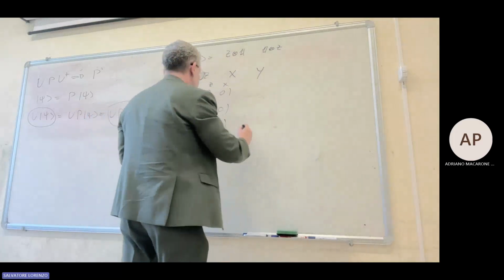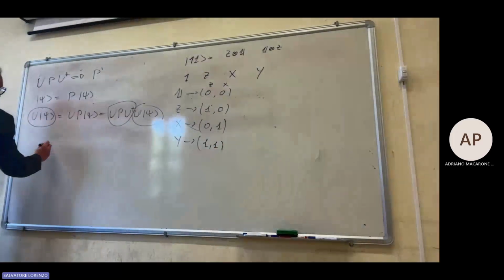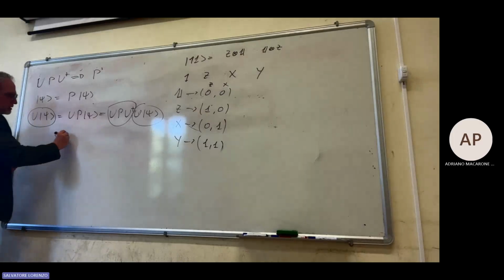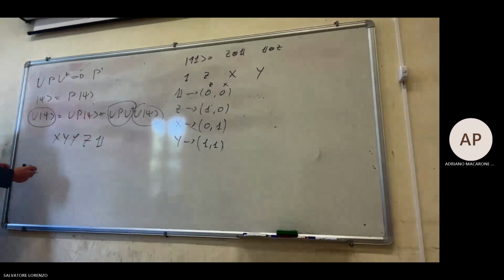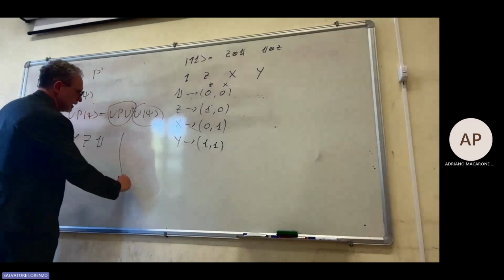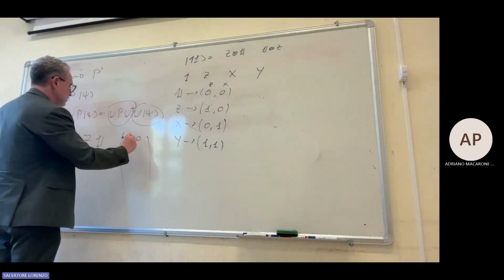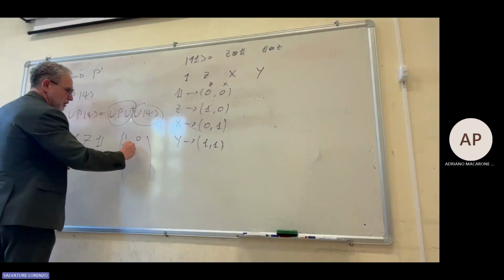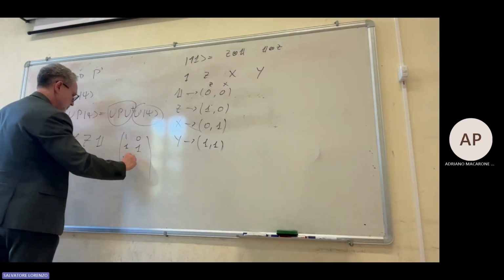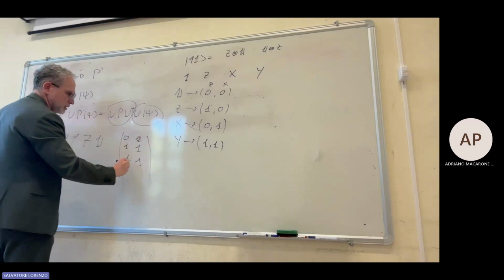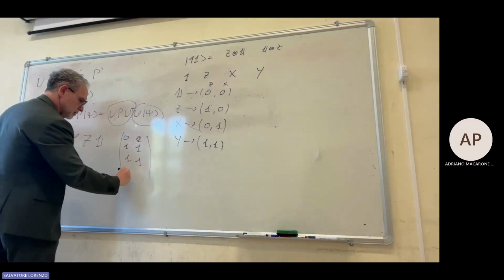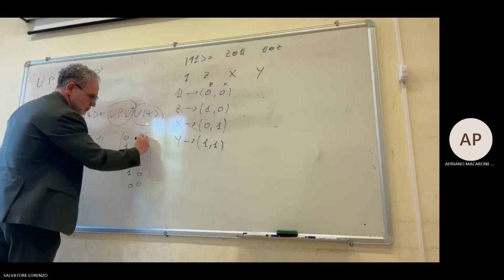For example, imagine that we have a string like X, Y, Y, Z, identity, whatever. Then we will have something like 1, 0, 1, 1, 1, 1. Sorry, this is 0, 1, 0, 1, 1, 1, 1, 0, 0, 0.